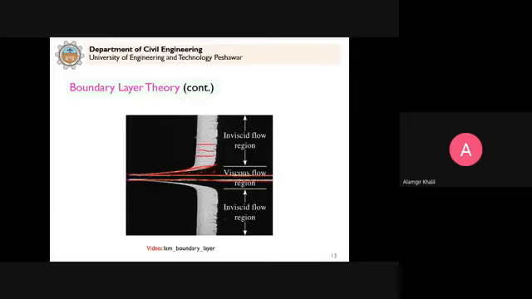So within this region we have viscous flow, but outside this region, the boundary layer, we say that it is inviscid, non-viscous, zero viscosity, an inviscid flow region. The fluid will behave as if it is ideal. So how does this develop? If we are able to see this boundary layer, it actually develops on the bodies. Clear?